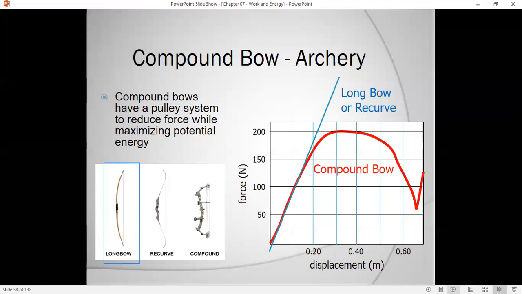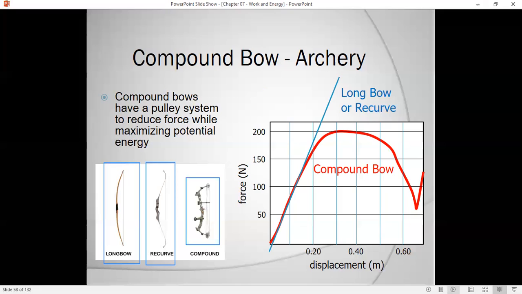Eventually, they figured out that if you curve the flexible material backwards in this recurve bow, you could get an even greater amount of work done on the arrow. Eventually, this transformed into the modern hunting bow, which is a compound bow, which uses pulleys and is similar in geometry to the recurve bow.